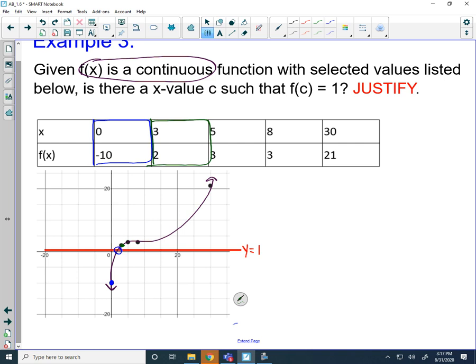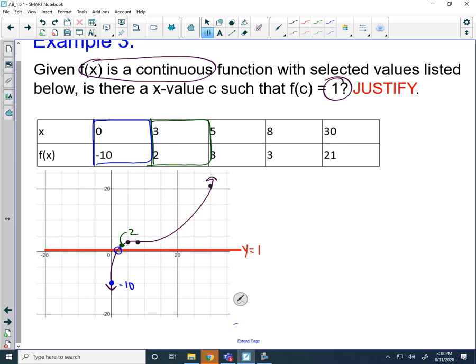In other words, for our y values, if we started at a y value of -10, and by this point in green got up to a y value of 2, this number 1 is in between the values -10 and 2. So we must have passed y equals 1 at some point in there since we're working with a continuous function.